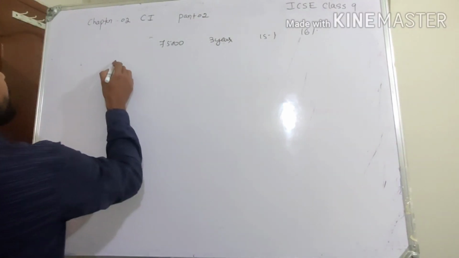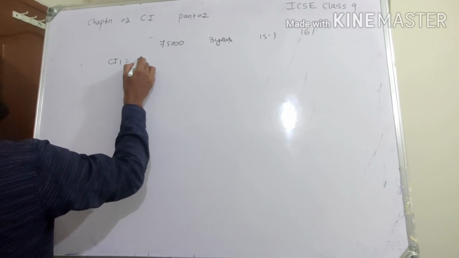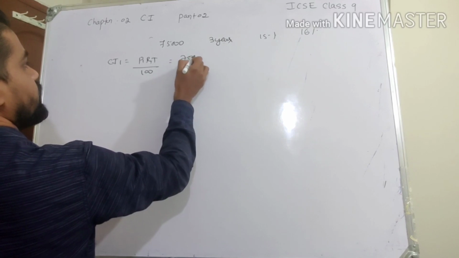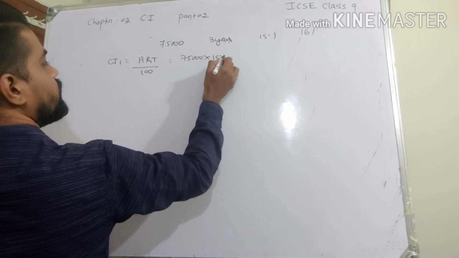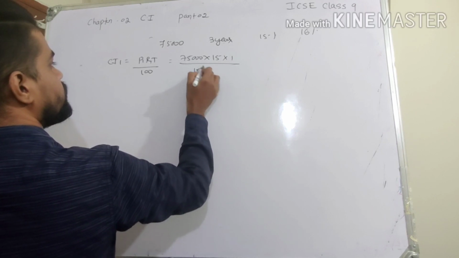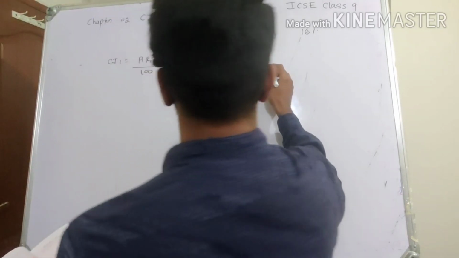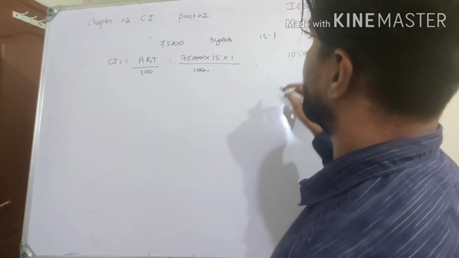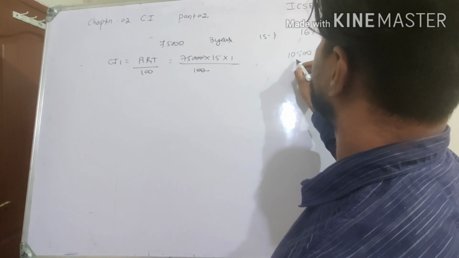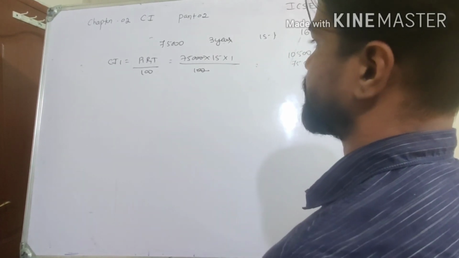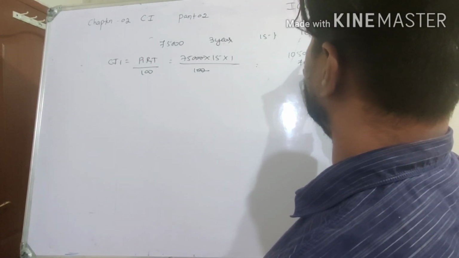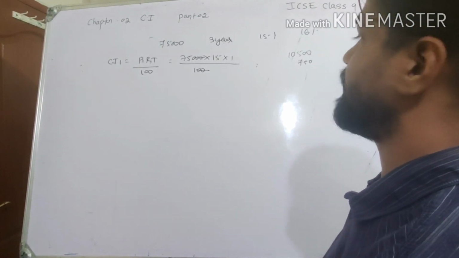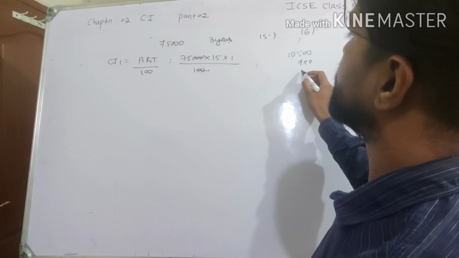So it is 75,000. Compound interest 1 is P1 R1 T by 100, which is 75,000 into 15 into 1 divided by 100. So 100 cancels. We end up with 15 into 750. 15 700s are 10,500. 15 50s are 750.